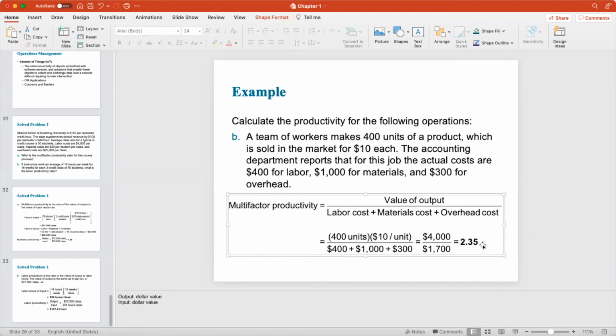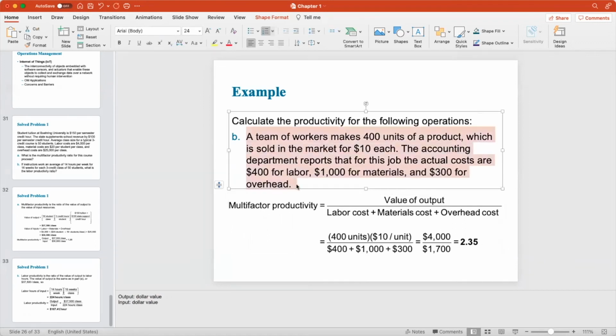Now, within this example, if instead of specifying the unit for output as dollar value, as shown here, I just use the product amount as the output, how do we calculate the whole process? Very simple.